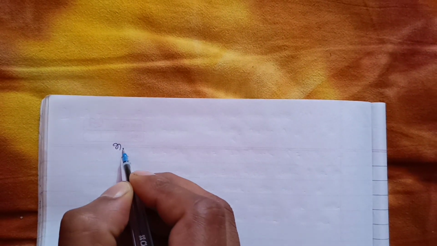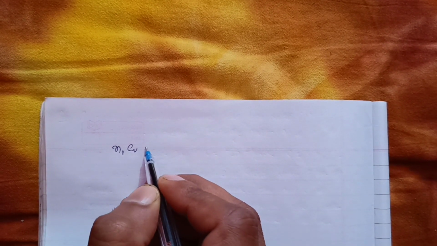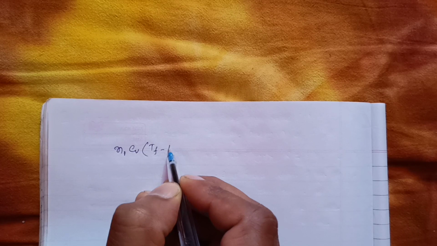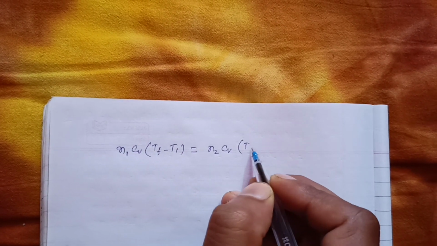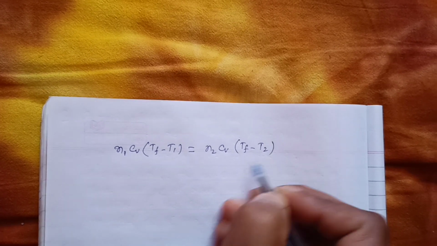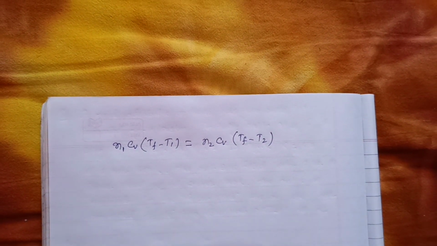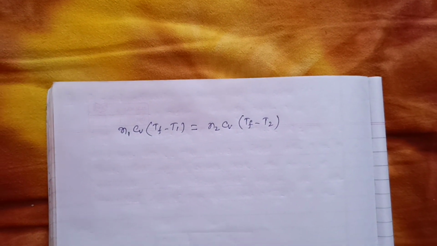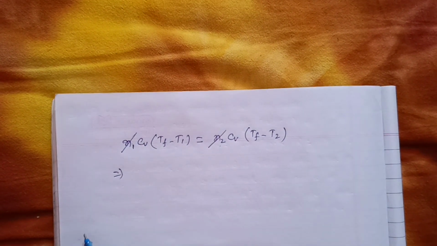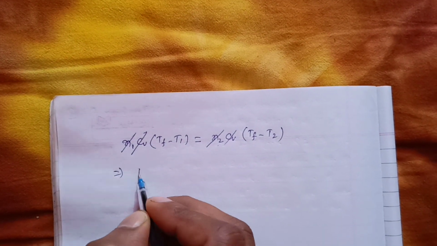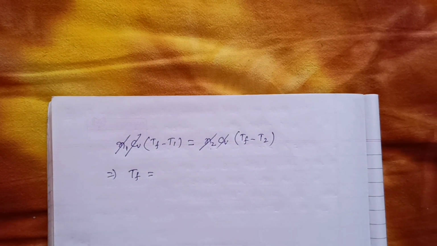It will be N1 CV, T final minus T1, equal to N2 CV, and here also T final minus T2. This means the amount of internal energy lost by one will be gained by the other. N1 and N2 are both the same, 1 kg, and CV is also the same.